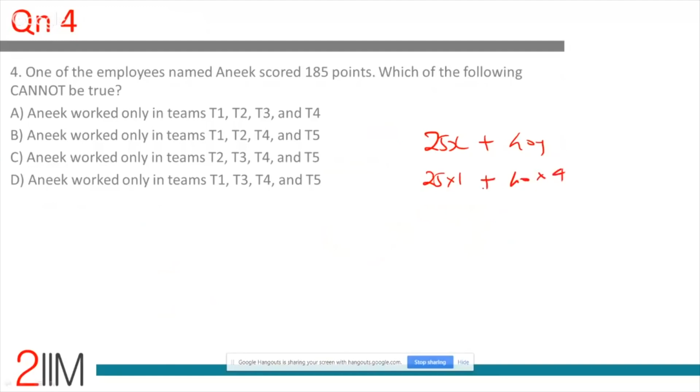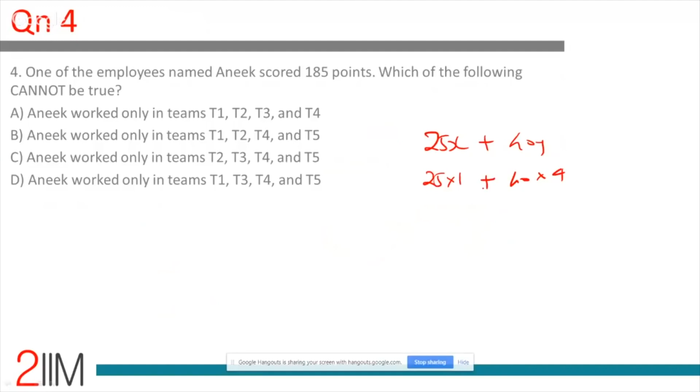So he's been in a challenging project 4 times, and in a non-challenging project once. That means he is among the transition special employees. A special employee that goes from 1 to 2 or 2 to 3 or 3 to 4. And so that is the challenge here.